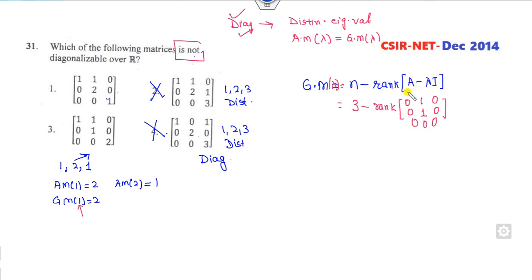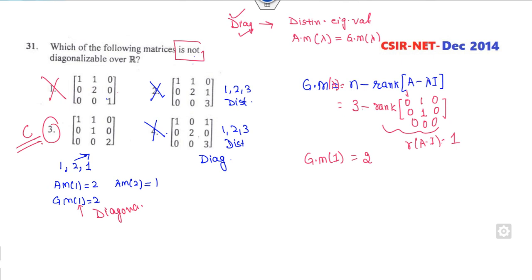What is the rank? Clearly 2 columns are 0. So the rank of this matrix A minus I is 1. So 3 minus 1 is 2. So the geometric multiplicity of 1 is 2, which is the same. So once it is the same, this is also diagonal. So this is cancelled out. The only correct option is C.